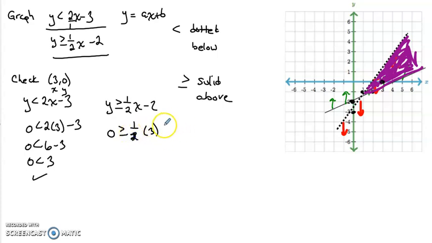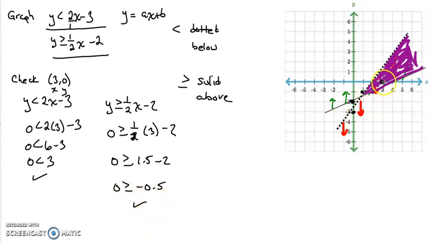That 2 is a little funny. Minus 2. So 0 is greater than or equal to 1/2 times 3 is 1.5 minus 2. You can leave it as a fraction if you want to. 0 is greater than or equal to 1.5 minus 2 is a negative 0.5. And 0 is bigger than negative 0.5.